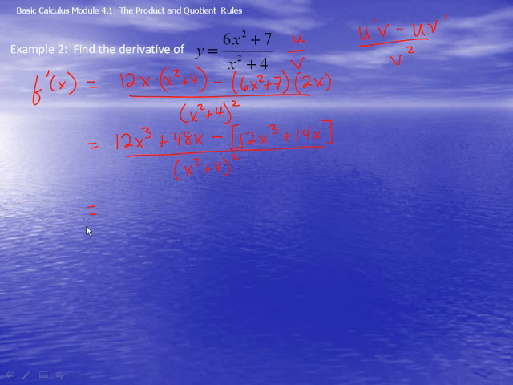So that would be equal to 12x cubed plus 48x minus 12x cubed minus 14x all over the bottom squared. And then now I'm going to combine my like terms. And I've got 12x cubed and minus 12x cubed, so those cancel. And the 48 and the minus 14 will give me 34x over x squared plus 4 quantity squared. And we have now found the derivative using the quotient rule.